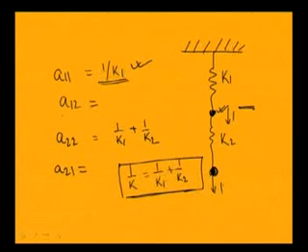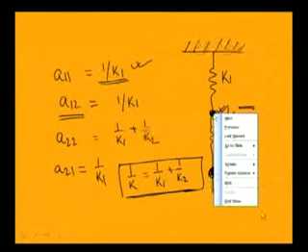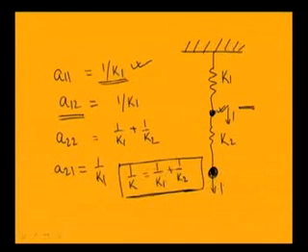Similarly, to find A12 we have to find the displacement at position 1 due to the force at position 2. When we apply a force at position 2, the same force acts at position 1 as they are in series. So this displacement will be equal to 1 by K1. So A12 becomes 1 by K1.